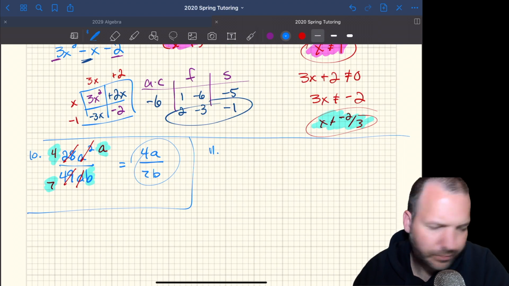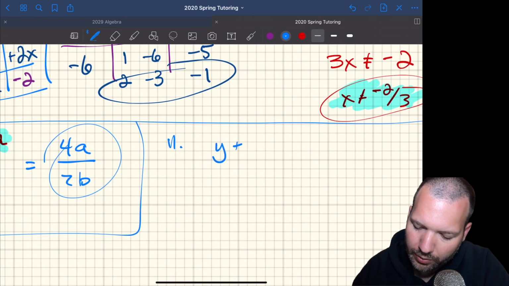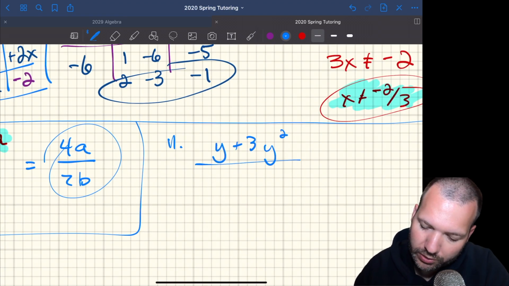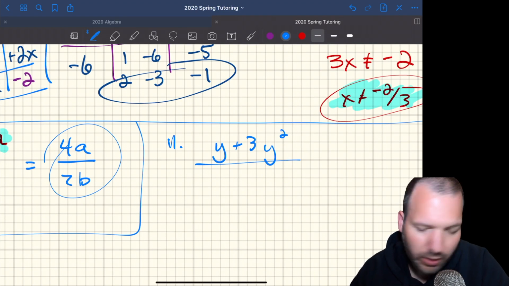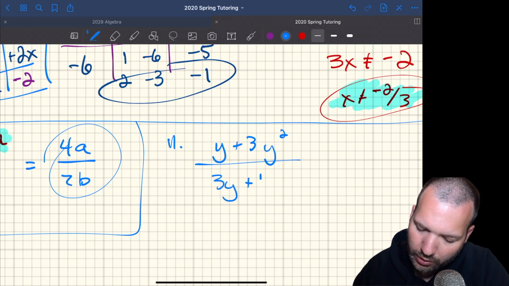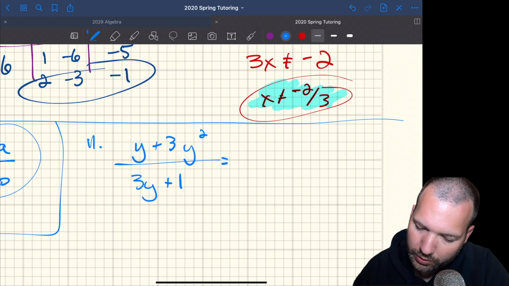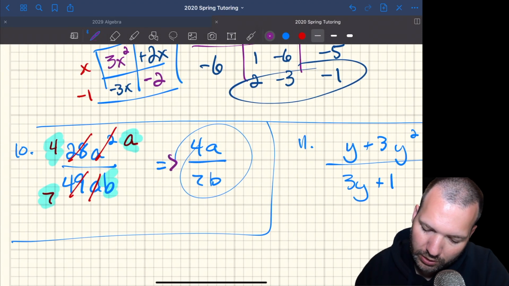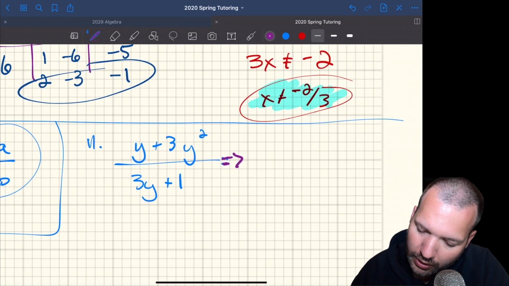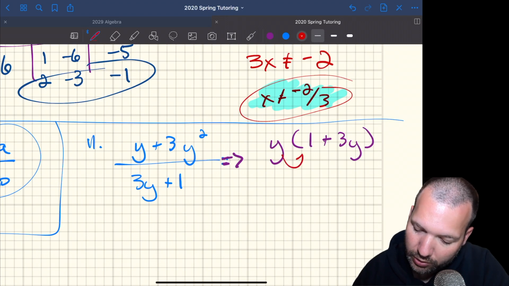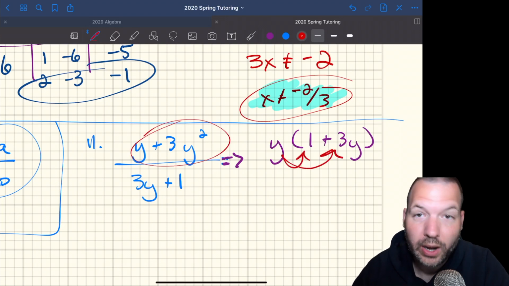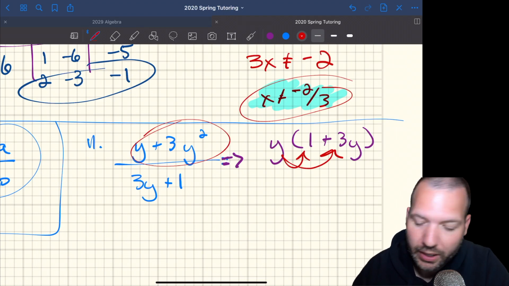Number 11, y plus 3y squared, not written in descending powers, which is always annoying, over 3y plus 1. This is the same thing, maybe I shouldn't use an equal sign, maybe I should use the arrow, as y times 1 plus 3y. If you imagine distributing this, you should see why we would get back y plus 3y squared.